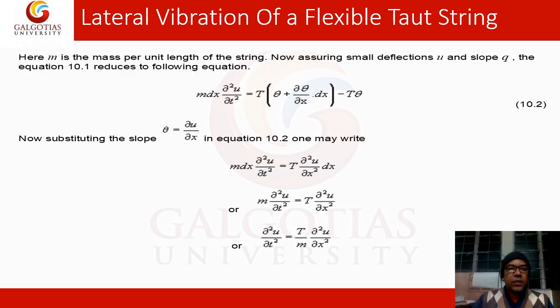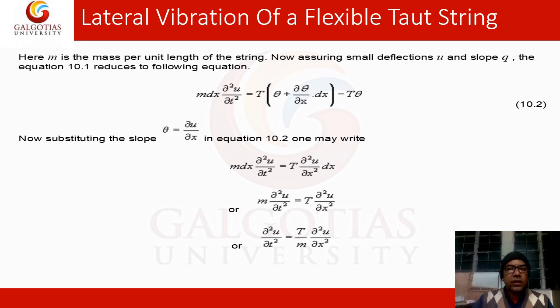Here m is the mass per unit length of the string. Now, assuming a small deflection u and slope θ, the previous equation reduces to the following equation. Substituting the slope θ equal to ∂u/∂x in equation 10.2, one may write the equation in this case.